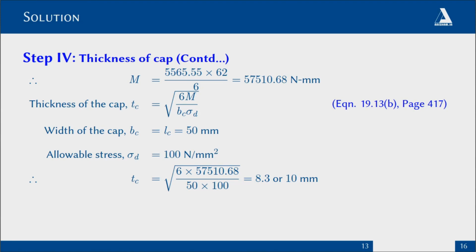In this, capital M is the bending moment, and bC is the width of the cap, that is same as the length of the crank pin bearing, that is 50 millimeter. Sigma d is the allowable stress, that is 100 Newton per millimeter squared. Therefore, tC is obtained as 8.3 millimeter, or can be rounded to 10 millimeter.